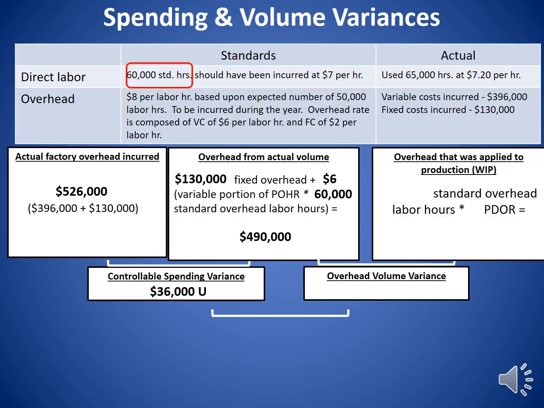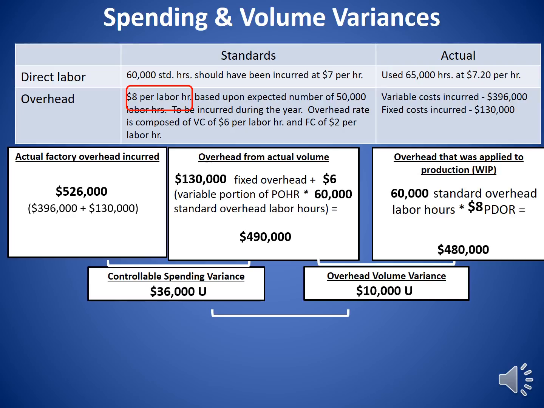It's unfavorable because the actual overhead we spent was more than was called for by the overhead from our actual volume. Now we have to calculate the overhead that was applied to production, and we do that by the standard hours that were going to be used to apply to production, which would be 60,000, times our predetermined overhead rate, PDOR or POHR, and that's $8. So 60,000 standard overhead labor hours times our predetermined overhead rate is $480,000.